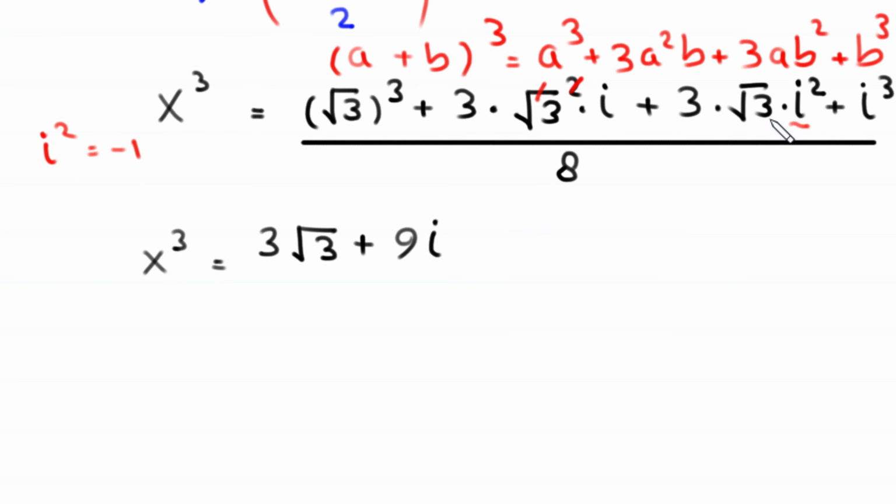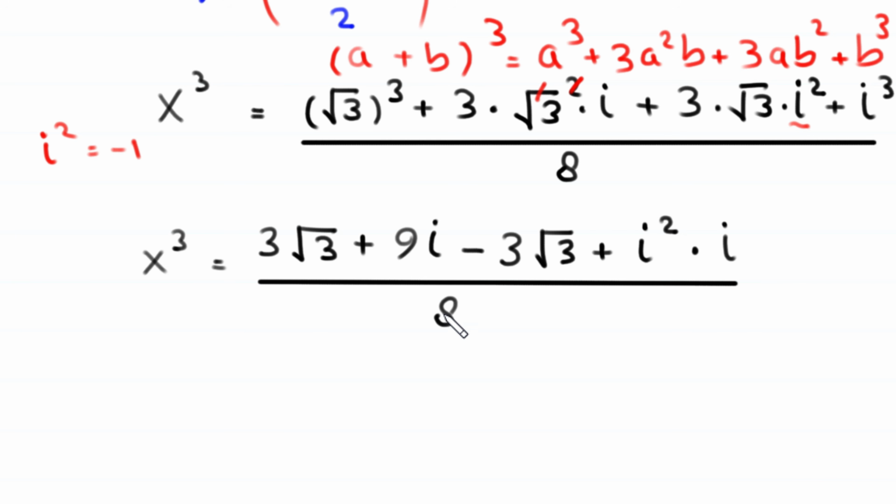So 3 times root 3 times negative 1 will become negative 3 times root 3, plus this i cubed can be written as i squared times i, divided by 8.